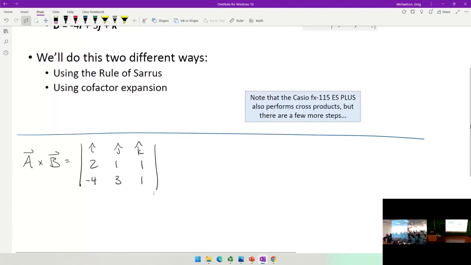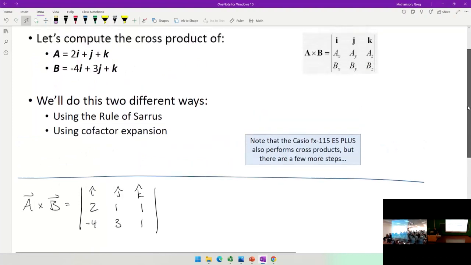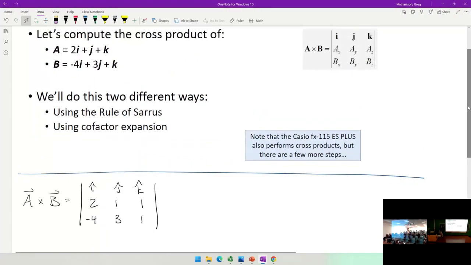And if you're wondering where I got this, all I did is I took each of these coefficients, just 2, 1, 1, negative 4, 3, 1. Now I'm going to go through and use either approach.